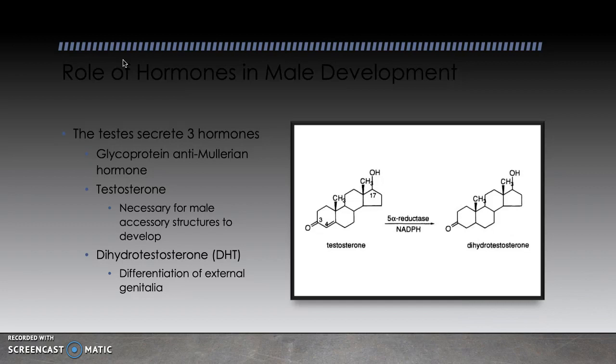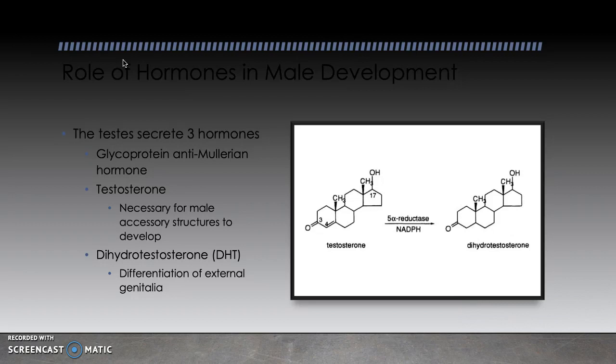And the last one here is dihydrotestosterone, DHT. This is a derivative of testosterone, and as you'll see in the image, there's actually an enzyme, 5-alpha reductase, that is responsible for testosterone becoming the DHT derivative.